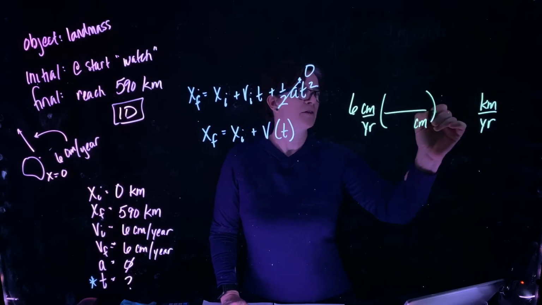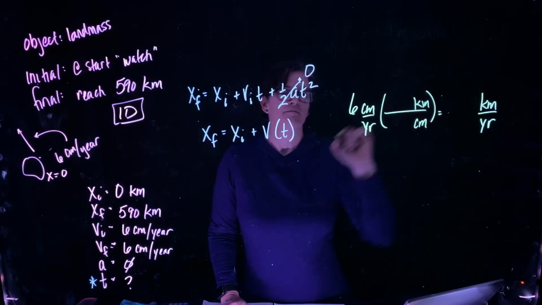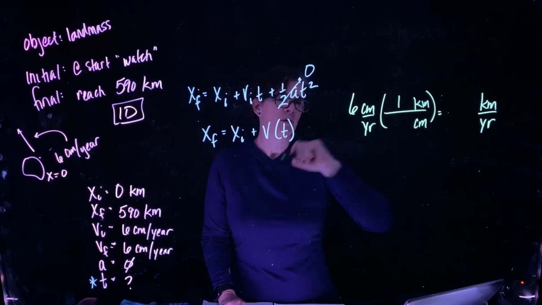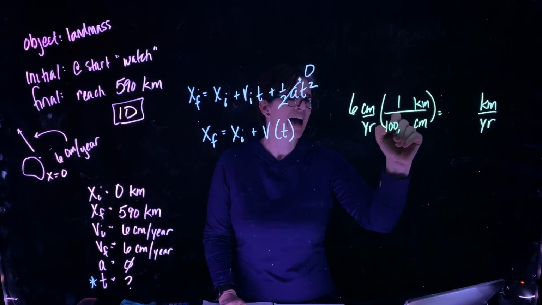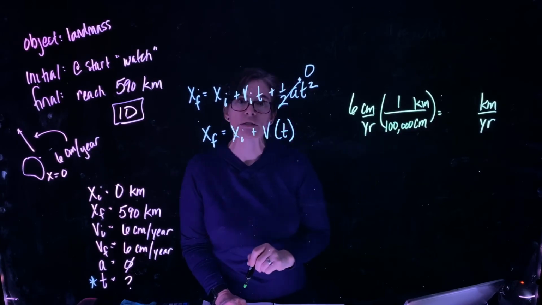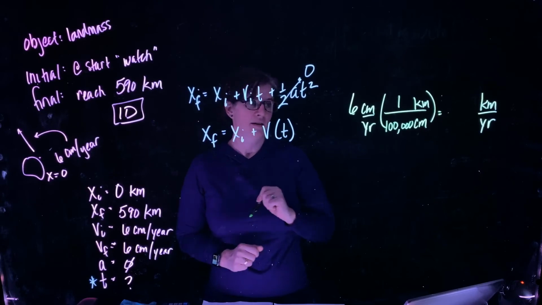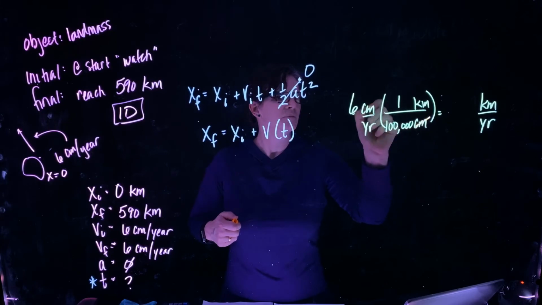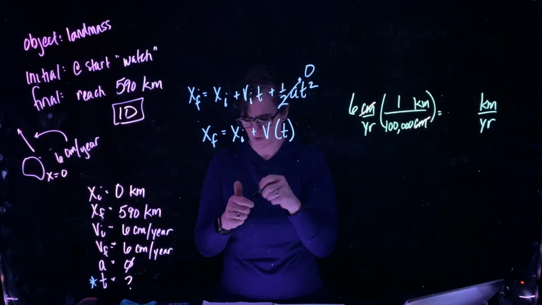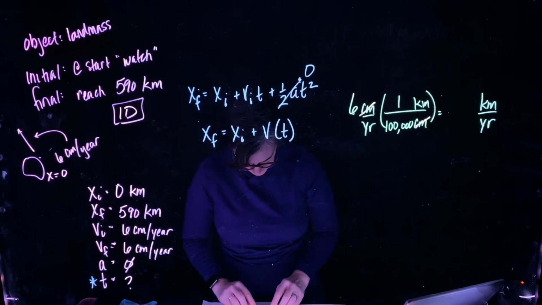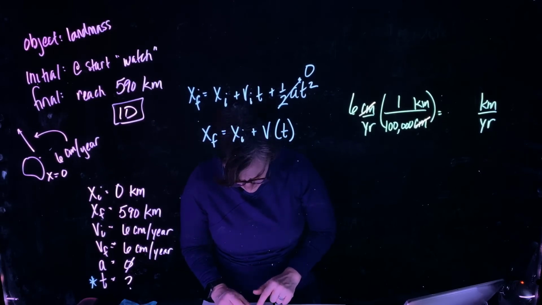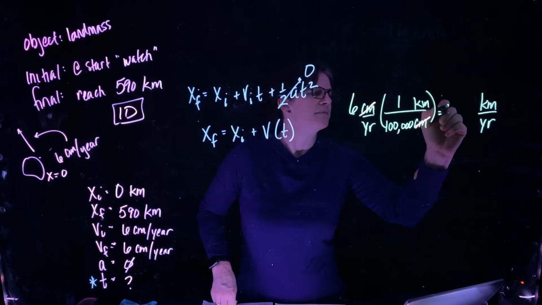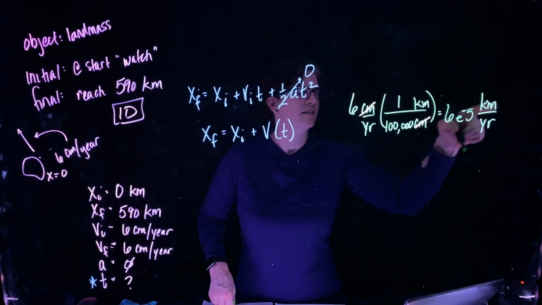I want kilometers on the top. In 1 kilometer, we have 100,000 centimeters. So my centimeters are going to cancel out and I'm going to be left with kilometers per year. When I divide 6 by 100,000, I get 6 times 10 to the negative 5th kilometers per year.